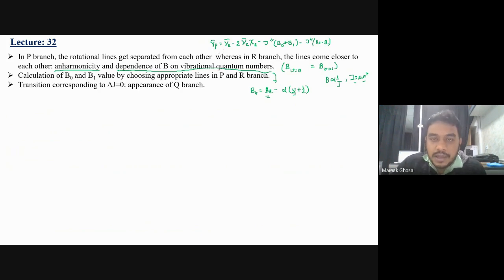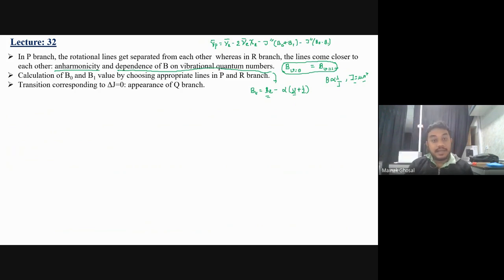Please understand clearly that in the initial condition in the previous discussion, you guessed that the B value for the rotational levels in the ground vibrational level is equal to the B value of the rotational levels in the excited vibrational level.